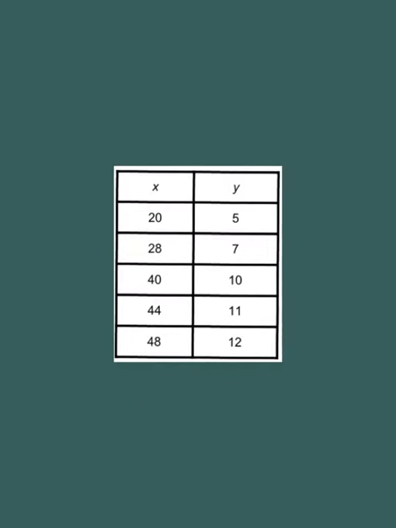Okay, this next one. Just looking at that, I can see that I'm dividing by 4, aren't I? Yeah, I can see that 20 divided by 4 is 5, 28 divided by 4 is 7. So yes, I could say I am doing y equals x divided by 4. But I want to write it in the form of y equals kx.